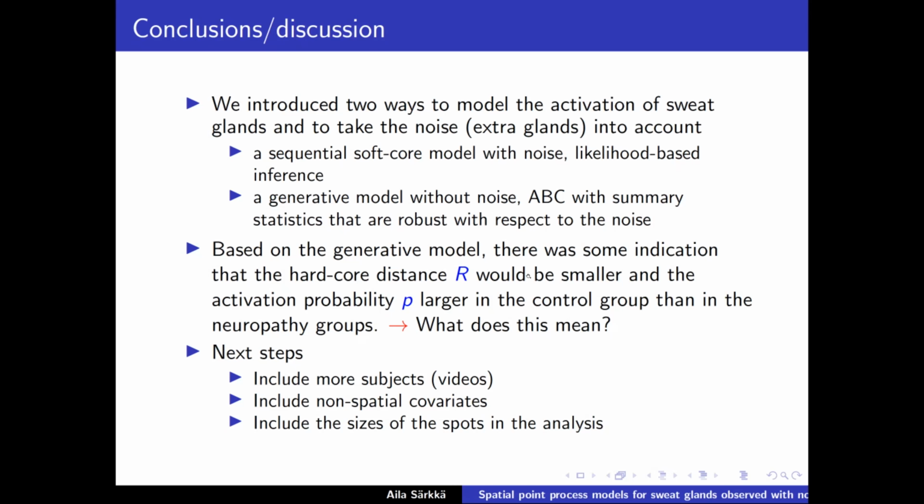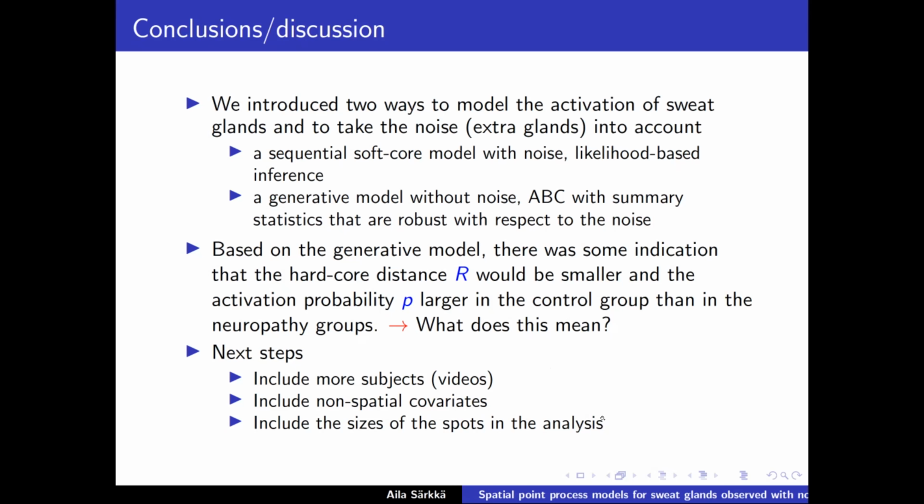And therefore, if it really is so that the underlying sweat gland pattern is not the same for everybody, is it due to some non-spatial covariates, for example, body mass index? So maybe we should include some other information in the analysis. And of course, we saw that there was a lot of variation within the groups, so it would be nice to get more videos and not only these 15.